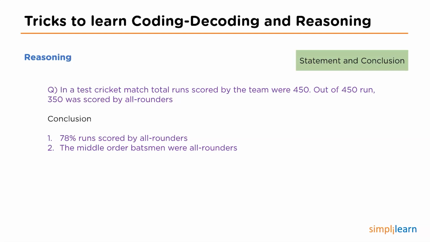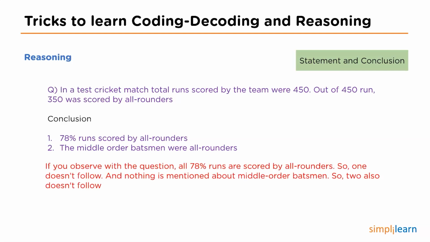Now the explanation for this question is, if you observe with the question, all 78% runs are scored by all-rounders. So one doesn't follow and nothing is mentioned about middle order batsmen. So the two also doesn't follow. So the conclusion would be neither one nor two follows. Now let's have a look at the cause and effect type.